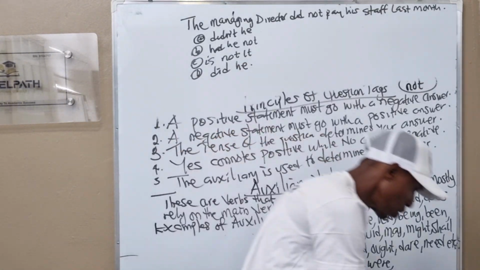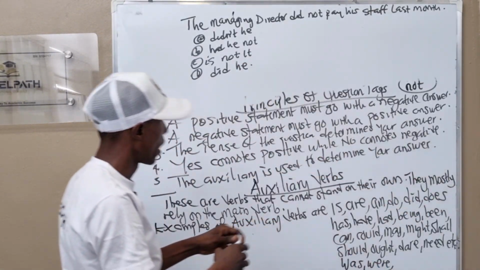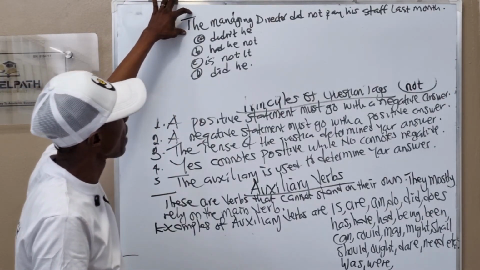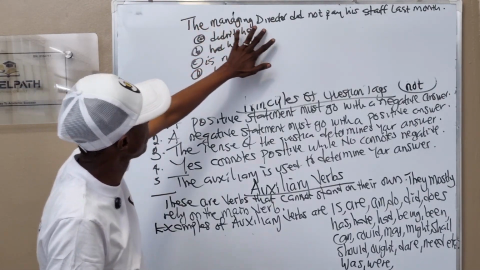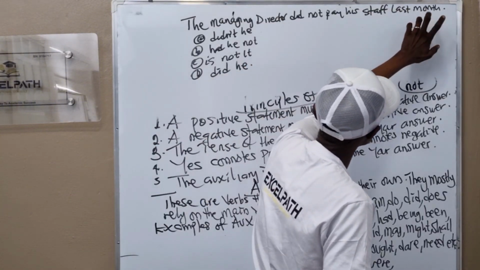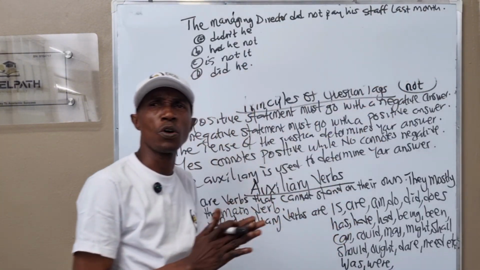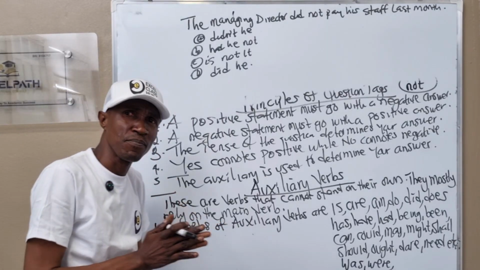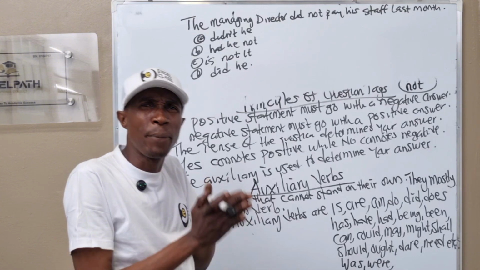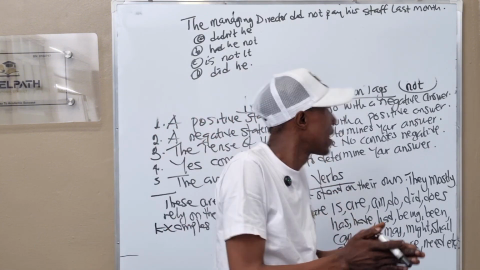Now, you have to follow the principle. The first thing is what? Look at the statement given to you. The managing director did not pay his staff last month. The first question you ask yourself is this: is this a negative statement or a positive statement?